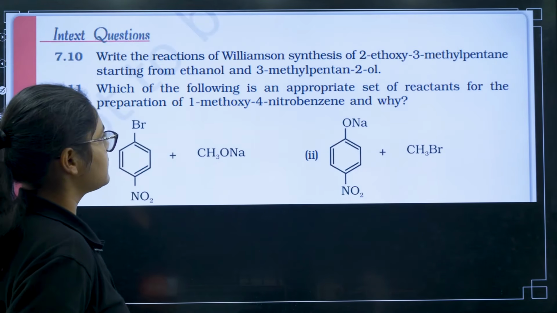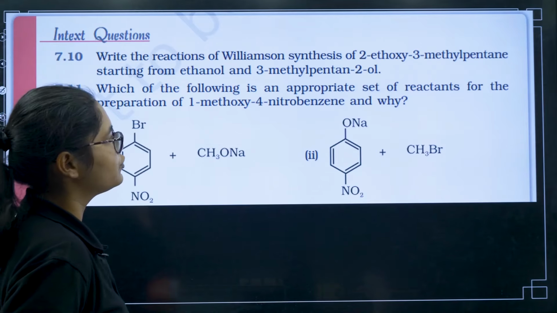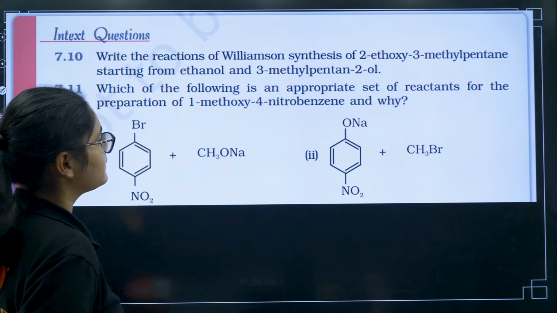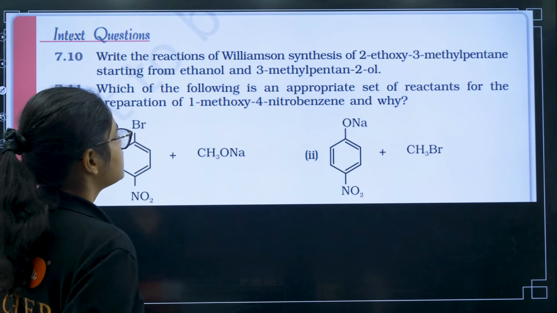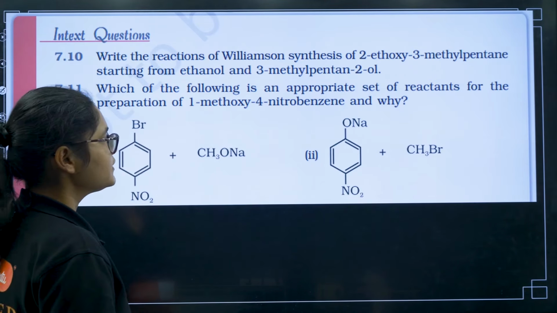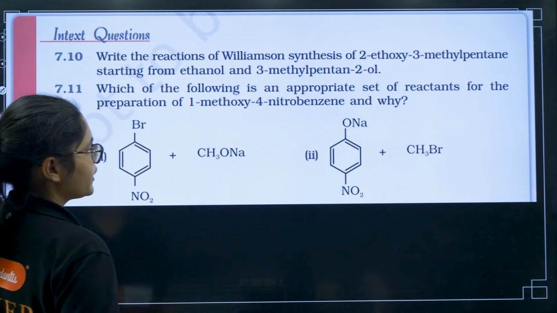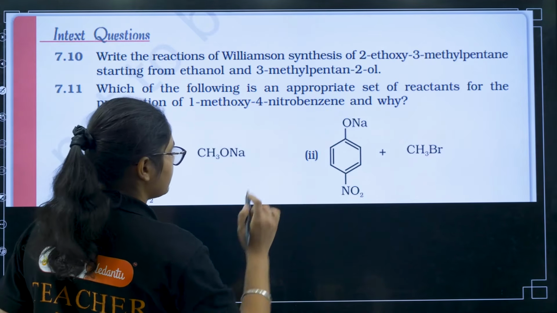Next, write the reactions of Williamson ether synthesis of 2-ethoxy-3-methylpentane starting from ethanol and 3-methylpentanol. Okay, so you have here 2-ethoxy-3-methylpentane. I have the structure first. Let me draw this structure.